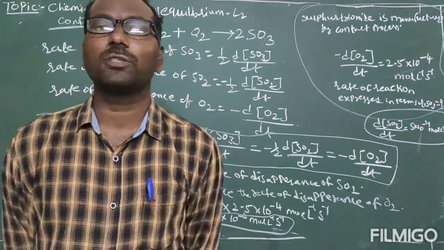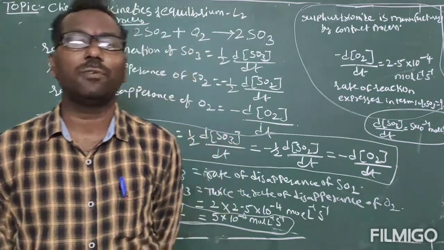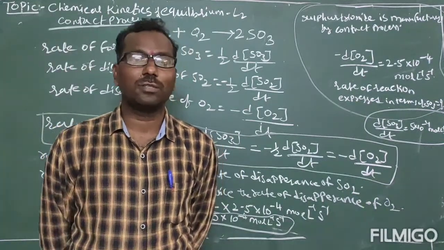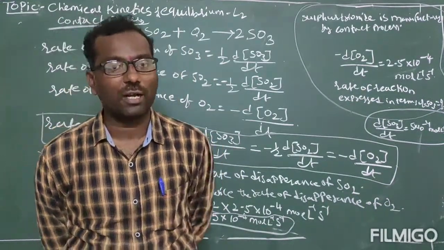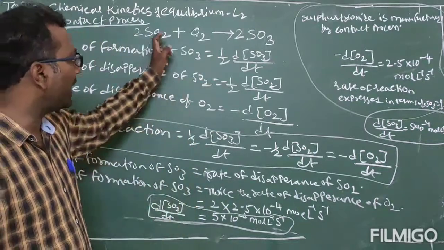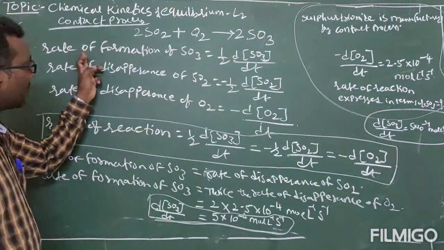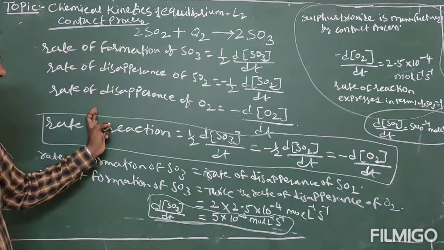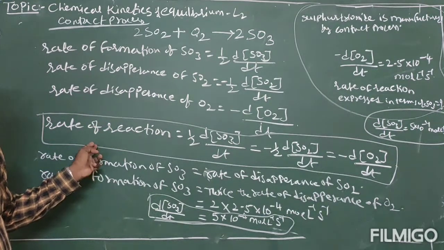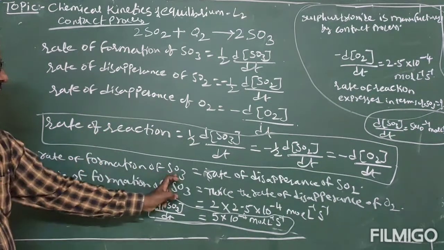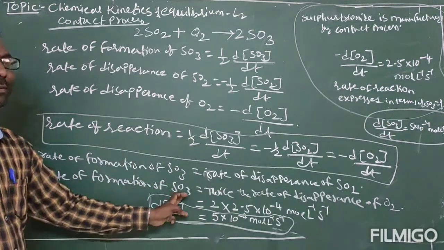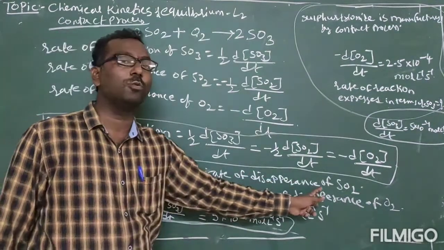In the contact process, sulfur dioxide plus oxygen gives rise to sulfur trioxide. First, you have to balance the equation and then write the rates of formation, and then you develop the rate of reaction. The next, rate of formation of SO3 with respect to the two reactants.